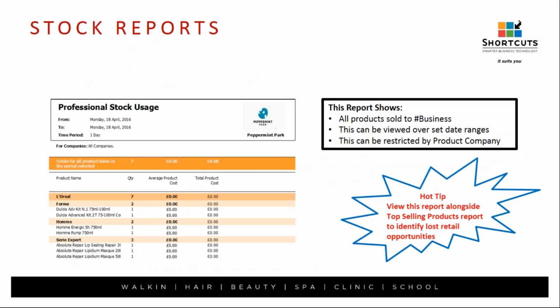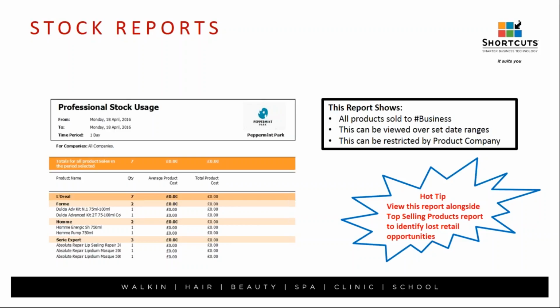The next report is our professional stock usage. So this is the stock, whether it's retail or professional, that you have said the business has used. This can be viewed over set date ranges and also can be restricted by product and company. And you'll see in here the quantity of stock that has actually been used by the business. The average product cost.